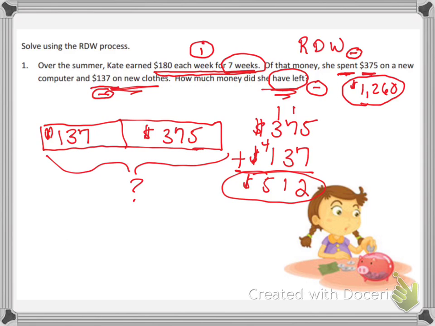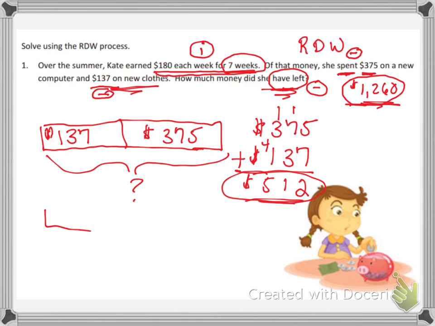But now it's asking, from this amount of money that she earned over those 7 weeks during that summer, she spent $512. So we need to know how much money she has left. So when we say have left, how much money does she have left? Because she spent it, we know we're going to be subtracting.